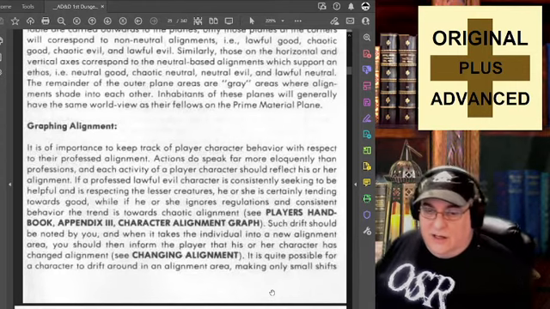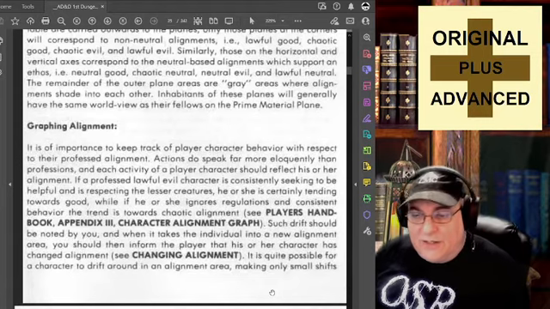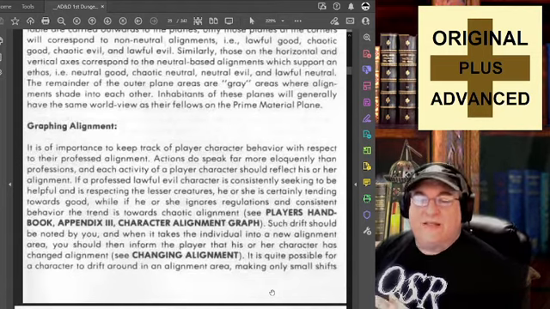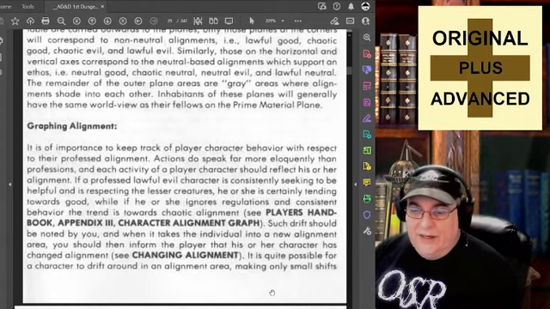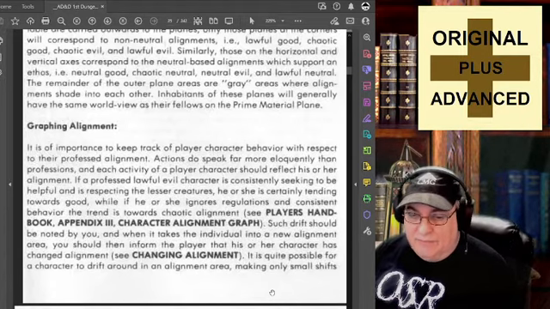It is of importance to keep track of player character behavior with respect to their professed alignment. Actions do speak far more eloquently than professions, and each activity of a player character should reflect his or her alignment.